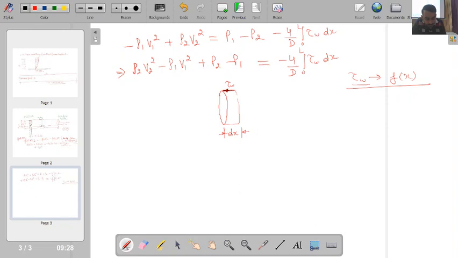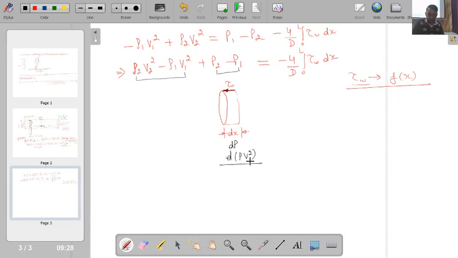Now one important point, p2 minus p1 was the pressure change for the entire pipe length. For this small element our pressure change is nothing but small dp. Similarly, rho 2 v2 square minus rho 1 v1 square was the total change of momentum, which I can write as d of rho v square.